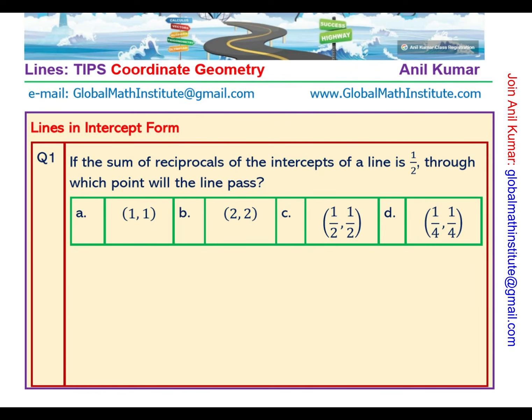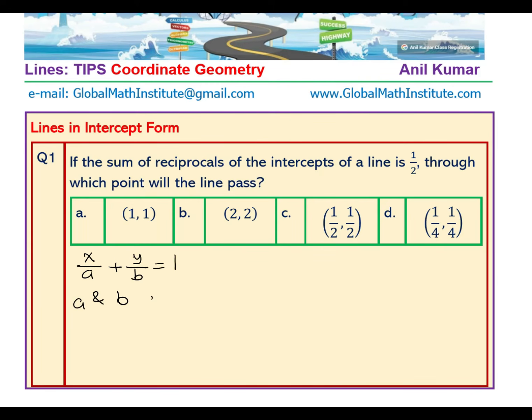So once again, the question here is that if sum of reciprocals of the intercepts of a line is half, we are writing the intercept form, which is x over a plus y over b equals 1, where a and b are intercepts.